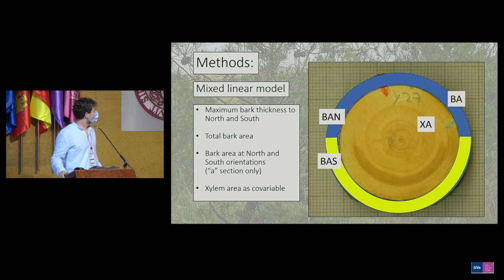Then we divided the bark area into 2 parts, only for the top, so we have north and south bark area. The last one was the maximum bark thickness towards north and towards south. And with 3 mixed linear models, I will show you the results we got.